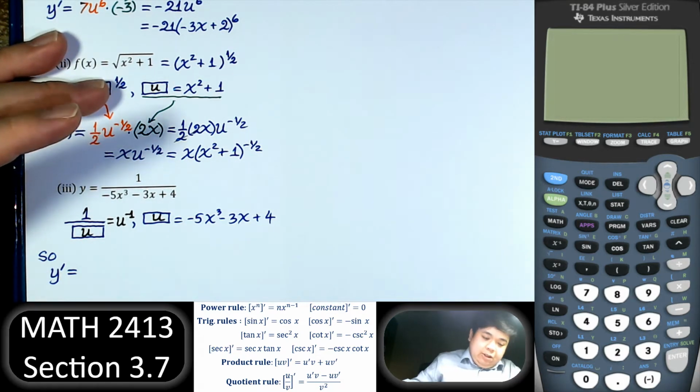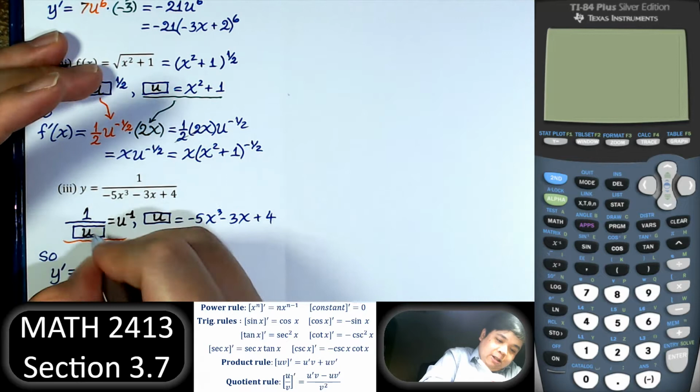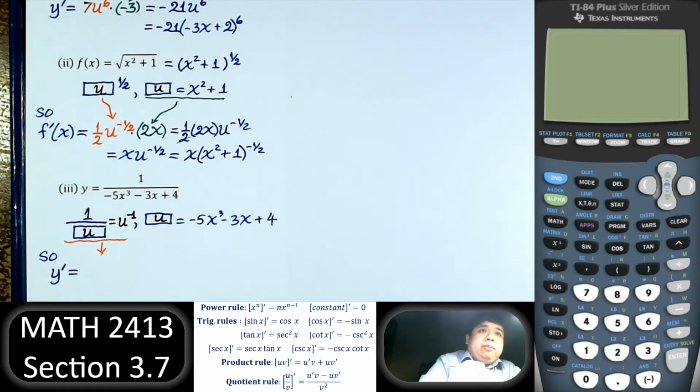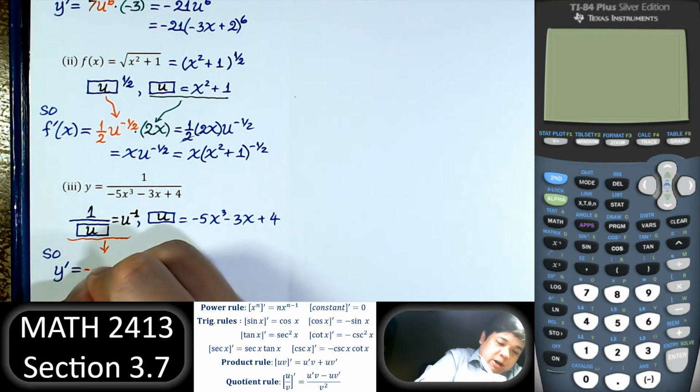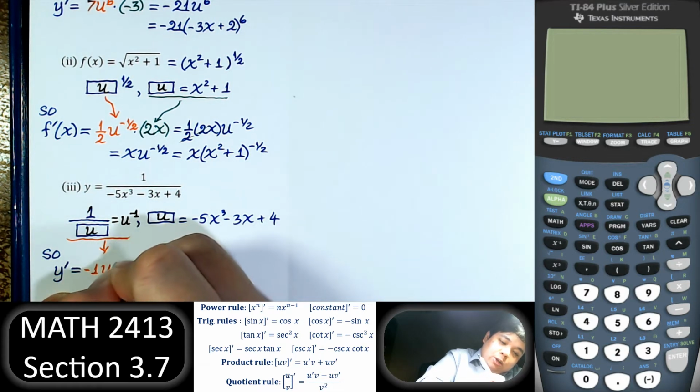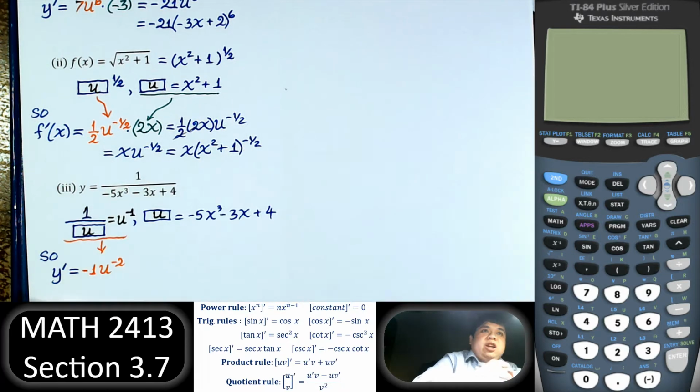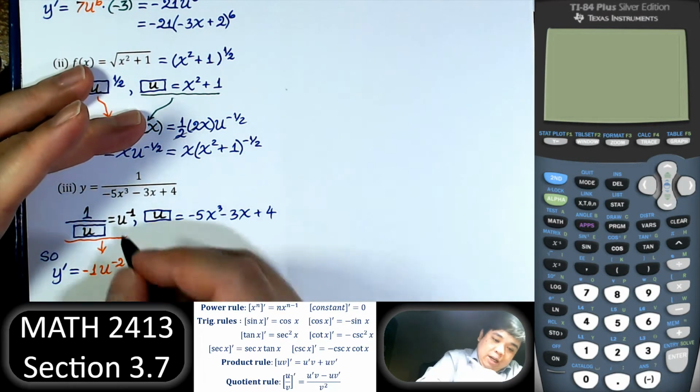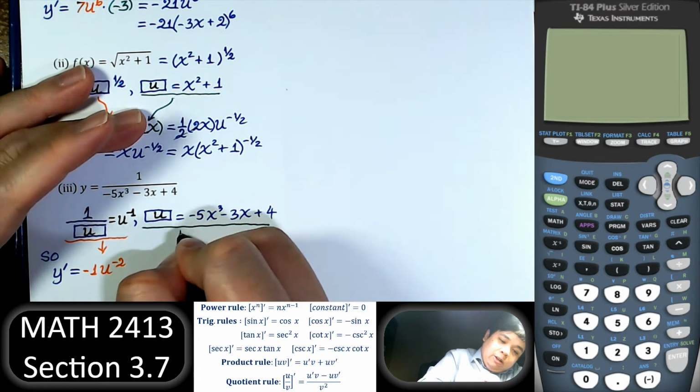So the derivative of this is negative 1 u to negative 2, right? Take the negative 1 power down, original power minus 1. And then we'll take the derivative of this function.